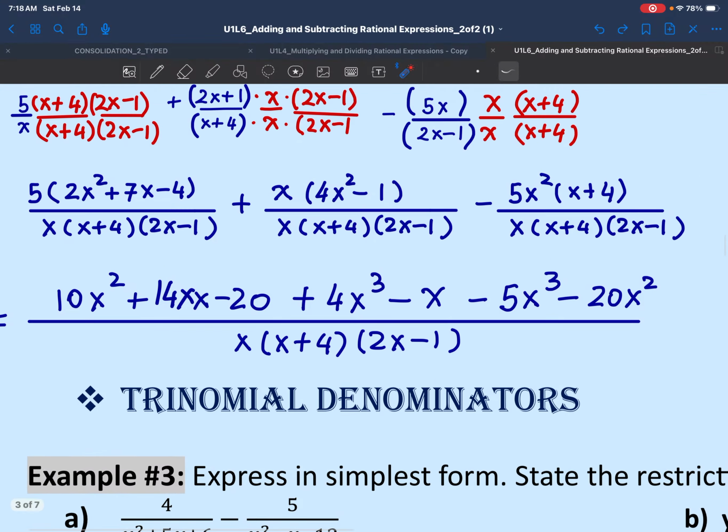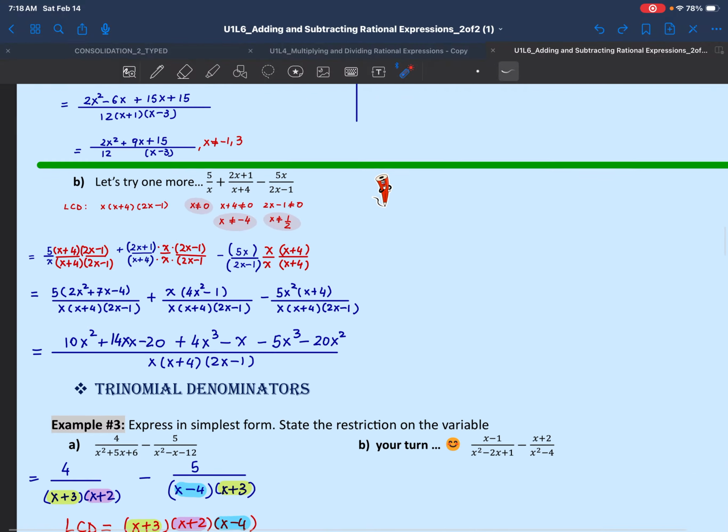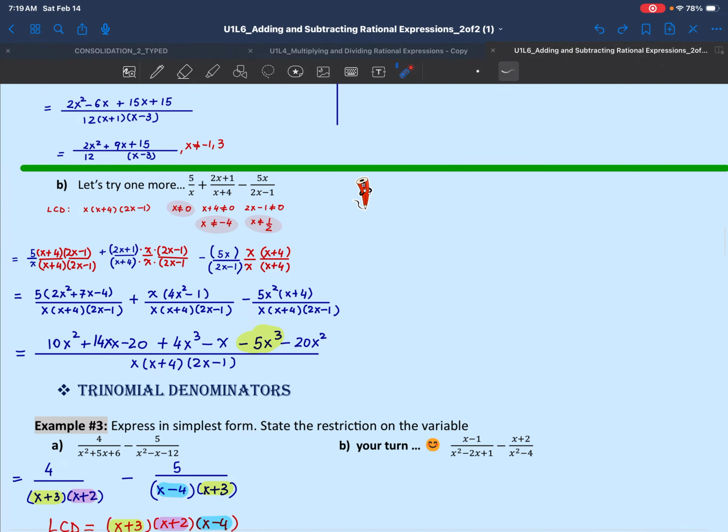Now next we are going to simplify the numerator. So let's collect like terms first, and here we see that we have like terms 4x cubed and negative 5x cubed, that will give us negative x cubed. Now the x squared terms are negative 20 and positive 10.